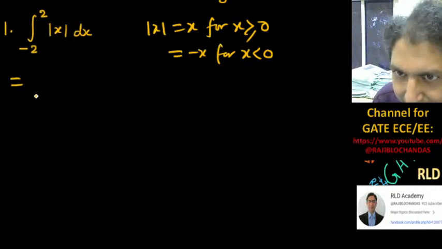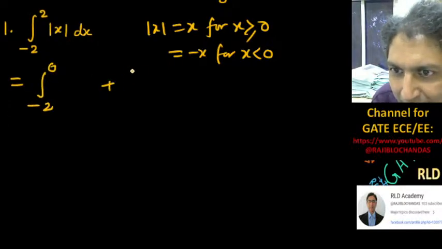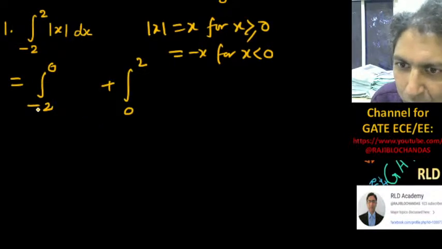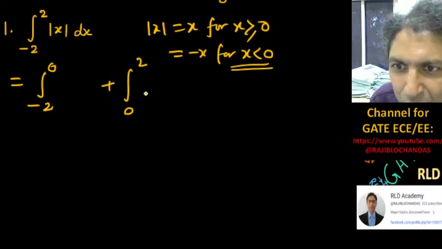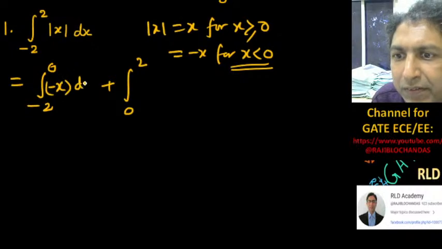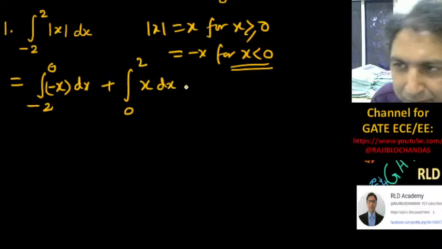I can consider minus 2 to 0 as one region, and another region 0 to 2. Within minus 2 to 0, x is negative, so I should replace mod x by its value minus x, dx, and within 0 to 2, mod x is replaced simply by x dx.